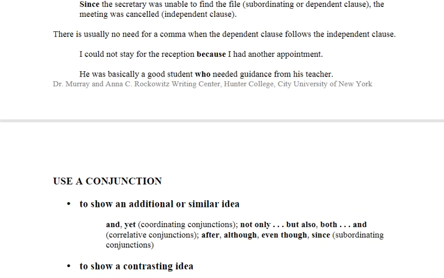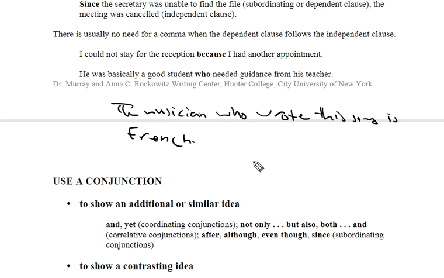For example, the musician who wrote this song is French. He's a French guy.